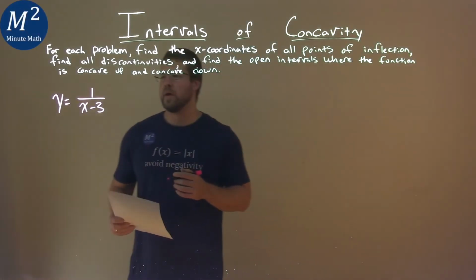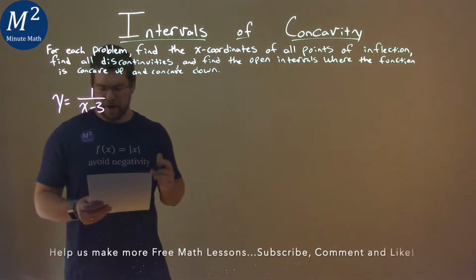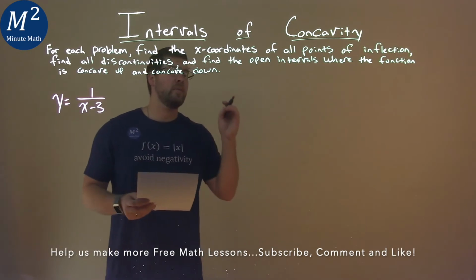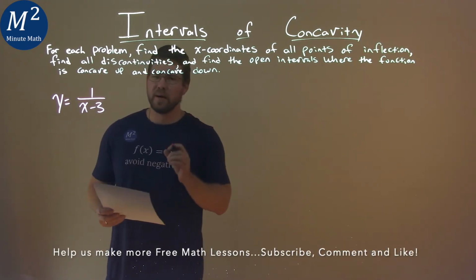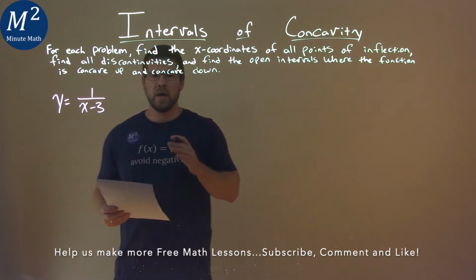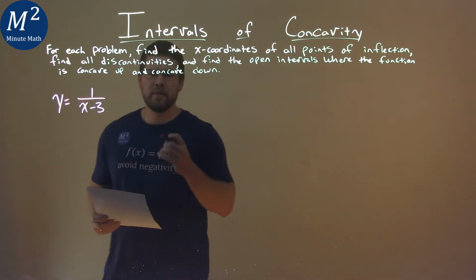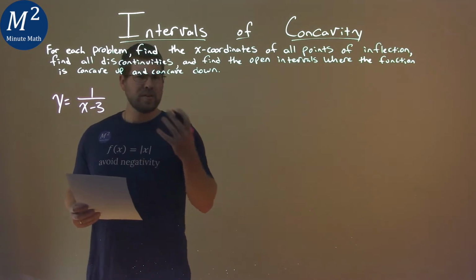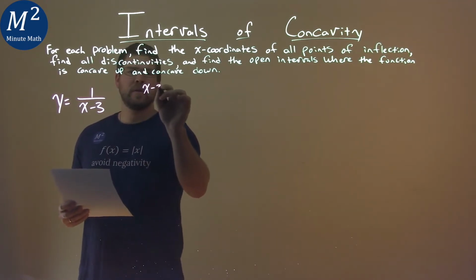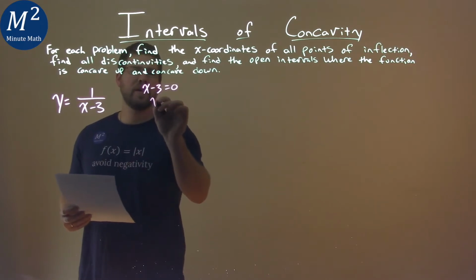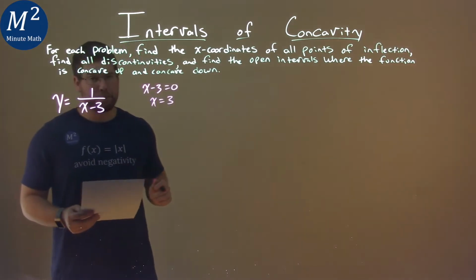We're given this problem right here, y equals 1 over x minus 3, and we want to find the points of inflection, discontinuities, and where the function is concave up and concave down. Now we have a rational function here, and the first thing I'm thinking about is, where's that asymptote? Well, it happens when we're dividing by 0. So I take my denominator, x minus 3, and set it equal to 0, and I have x equals positive 3.